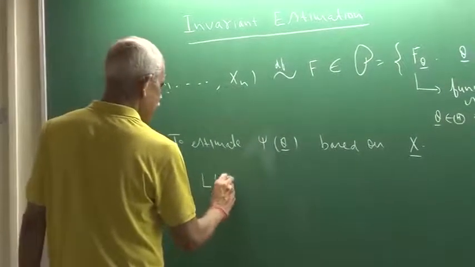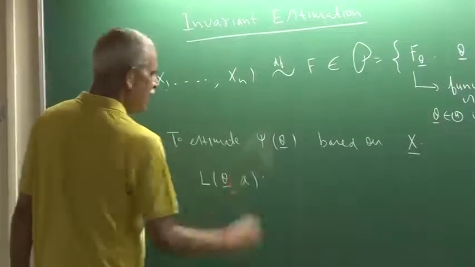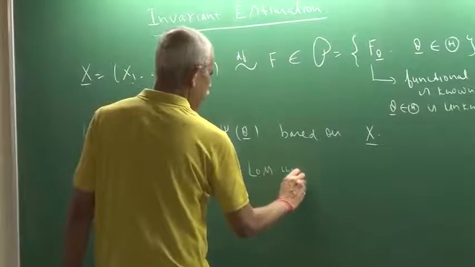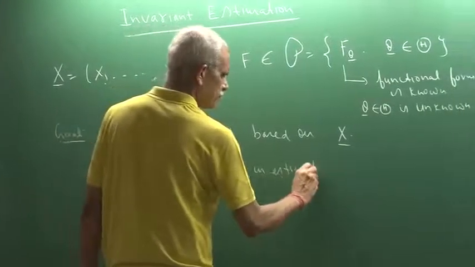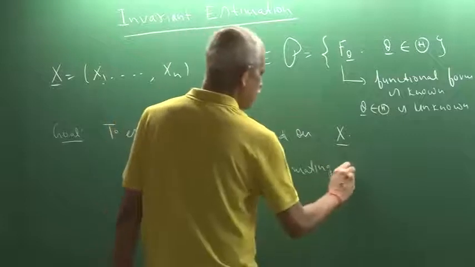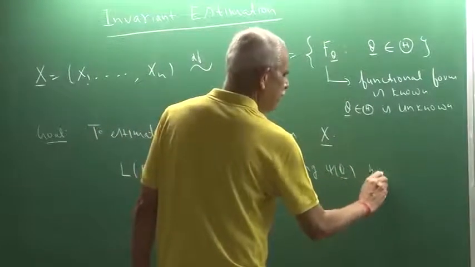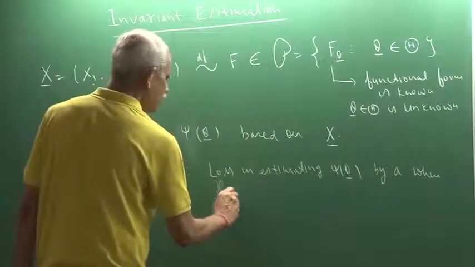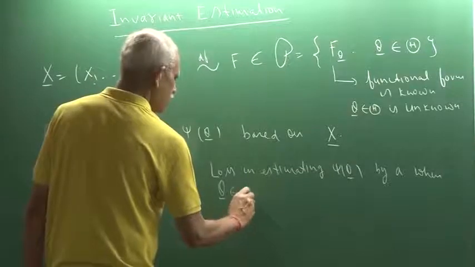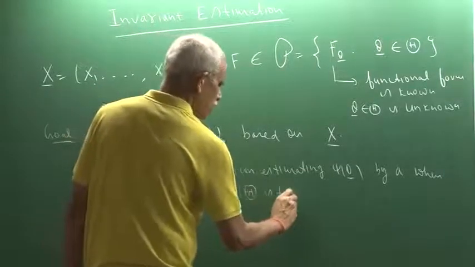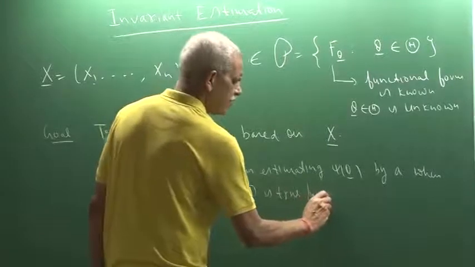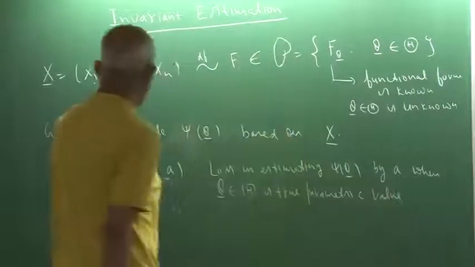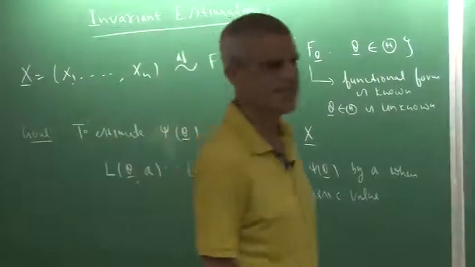So I say that L(theta, a) is the loss in estimating psi(theta) by a when theta is the true parametric value, or we also say when theta is the true state of nature. So I have a loss function. Normally you assume that your loss function is non-negative.